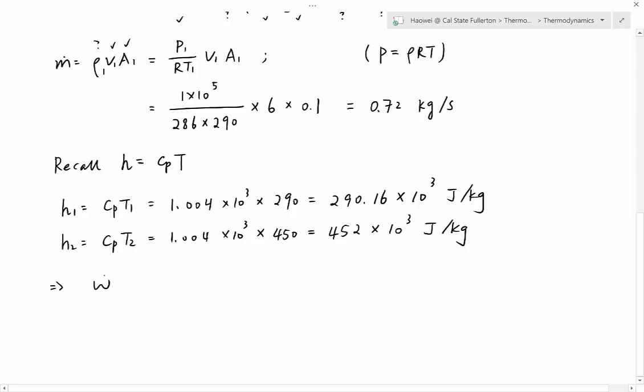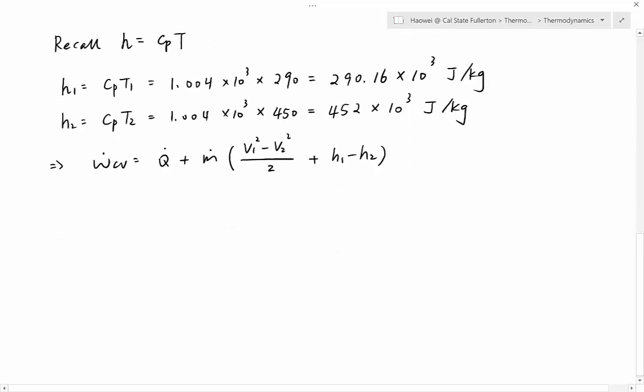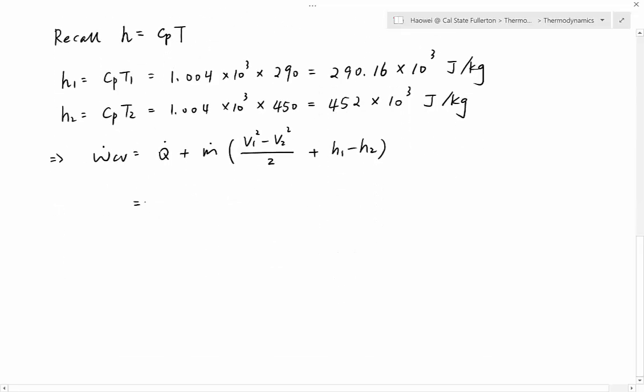Okay, so let's copy this equation. W dot CV is equal to Q dot plus m dot multiplied by V1 squared minus V2 squared over 2 plus h1 minus h2. Okay, let's plug in everything. Q dot is given as negative 180.